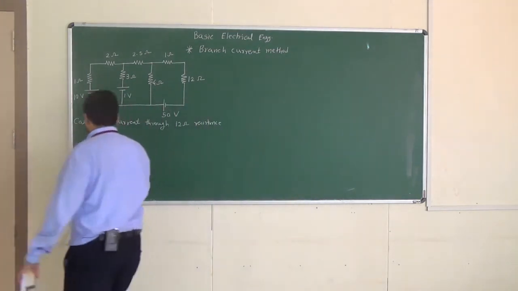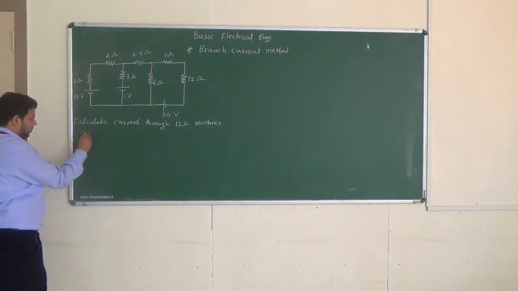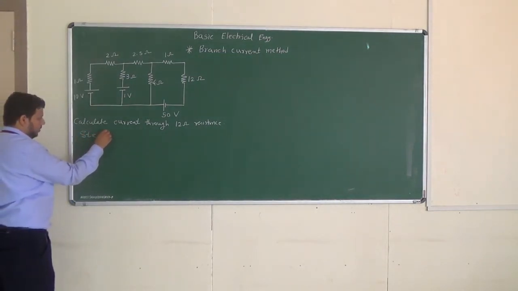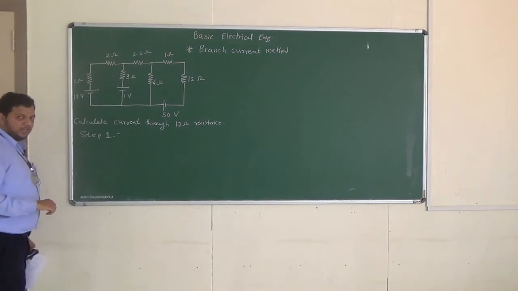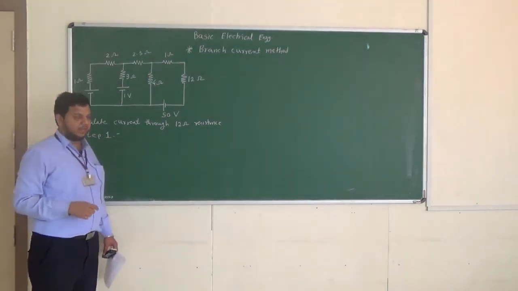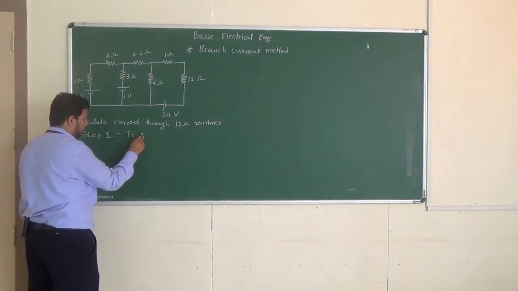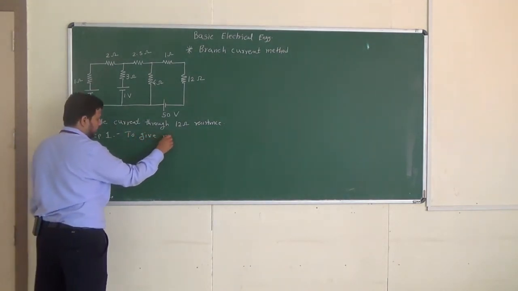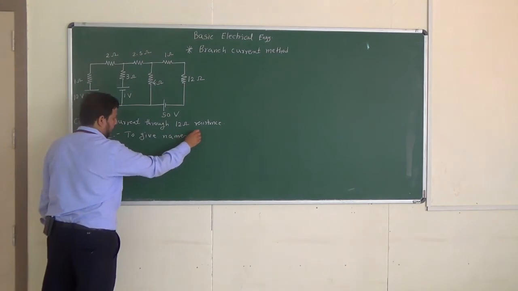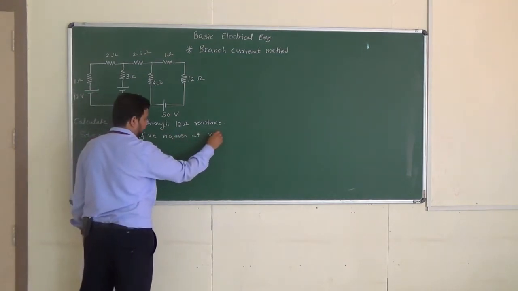So step 1. The first step, while solving the problem by the branch current method, is to give names at various points.